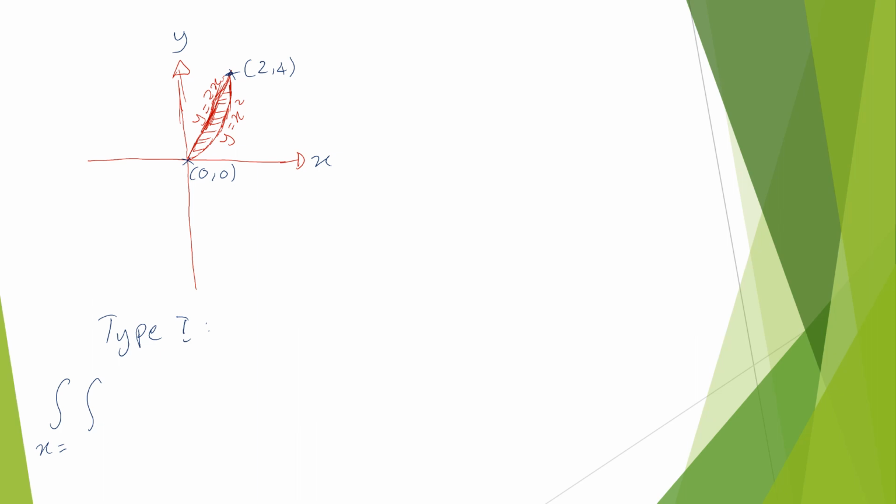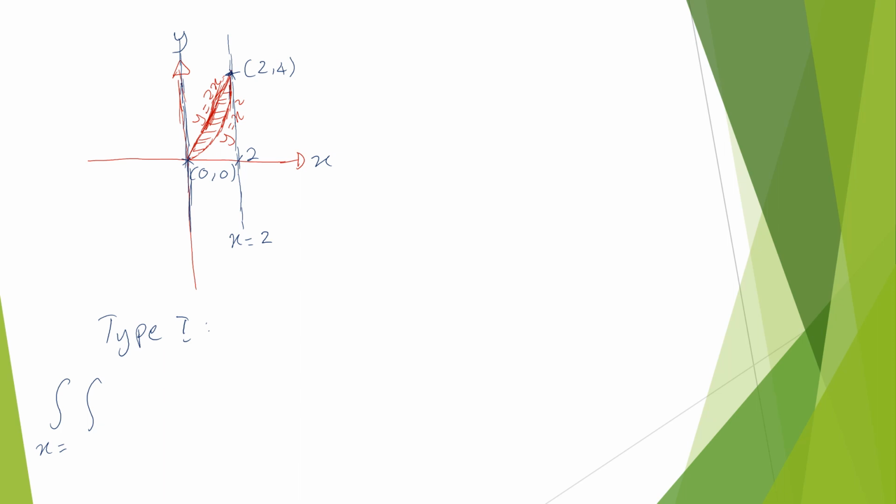Our vertical lines are from here and here, end to end of the region R. We know this value is 2, so this line will be x equals 2.